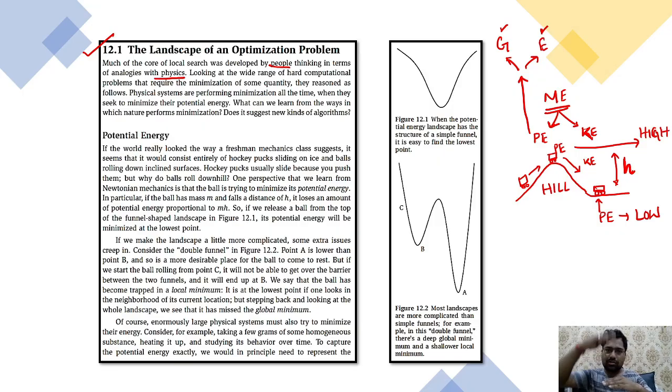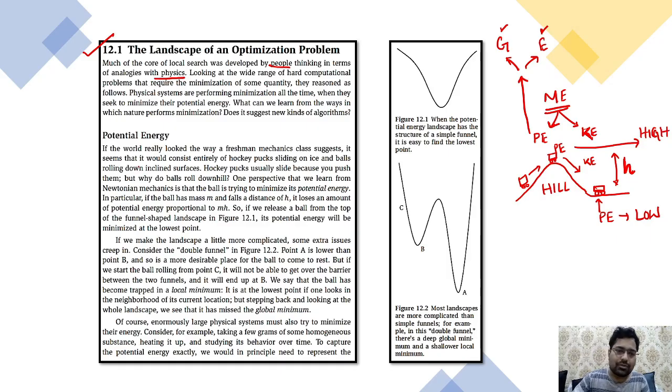There is no such height. We measure from the ground level, so when it reaches the ground, we say the potential energy is low. In this way, basically, we are following the optimization problem, local search.